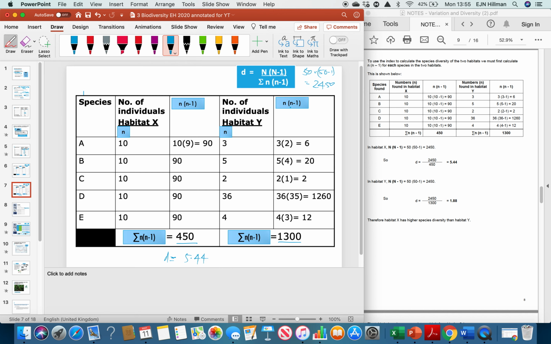And in habitat Y, 2450 divided by 1300 gives us a value of 1.88.